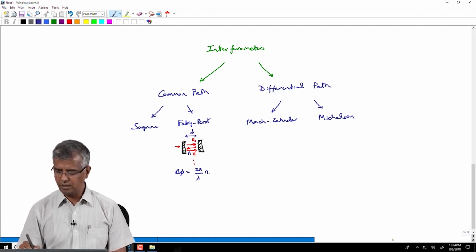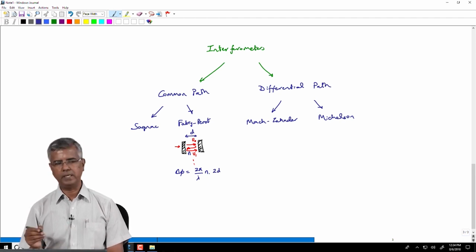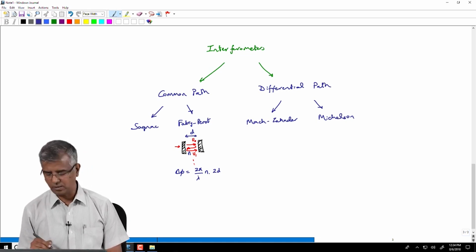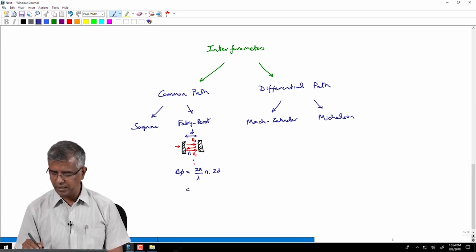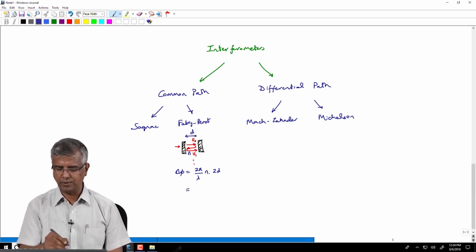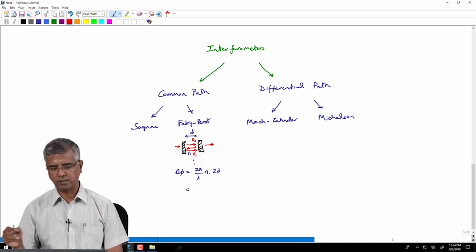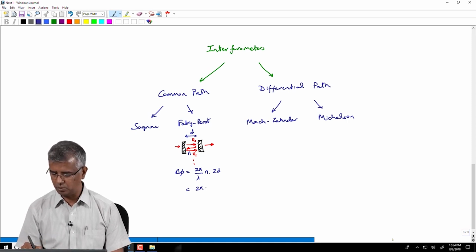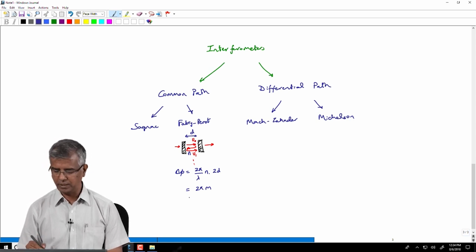So, you have n multiplied by 2d, right, as the phase difference between successive bounces. So, for constructive interference at this point, you will have this outgoing wave. For constructive interference to happen, this has to be equal to an integral multiple of 2 pi. That's what we have been looking at.